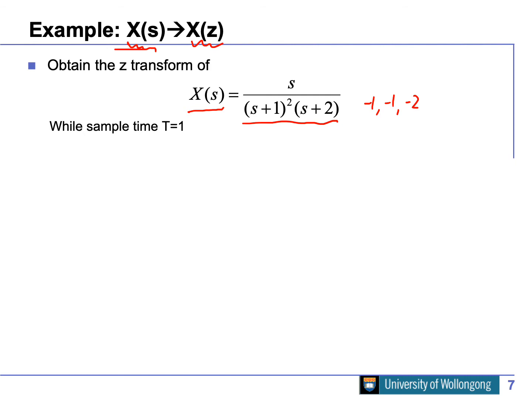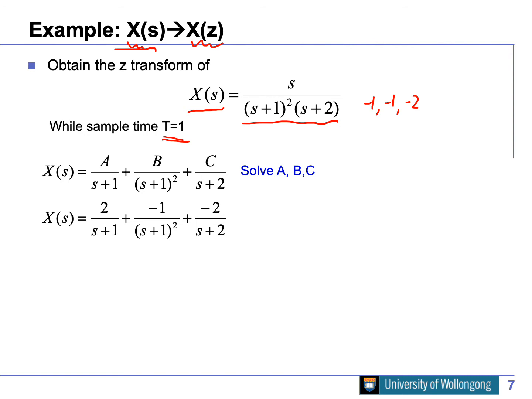We want to convert this to a Z transfer function, or discrete time transfer function. The sampling time is 1, so we need to have the sampling time to be able to do this. So here we use the first method, without using the zero order hold. It's the same way as we did last week.